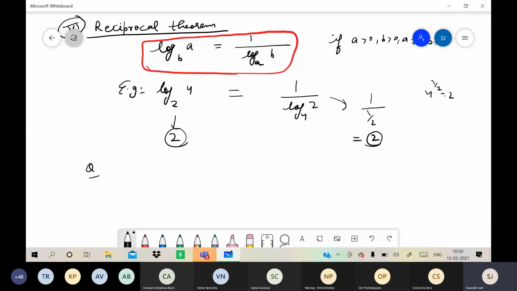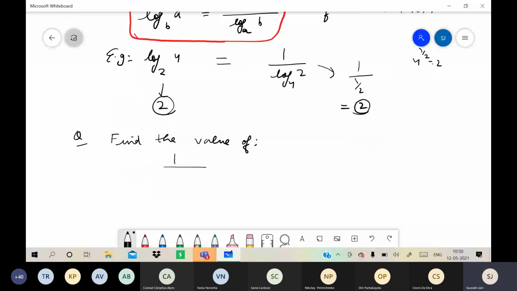Find the value of one upon log. Try this question and tell me what the value is.